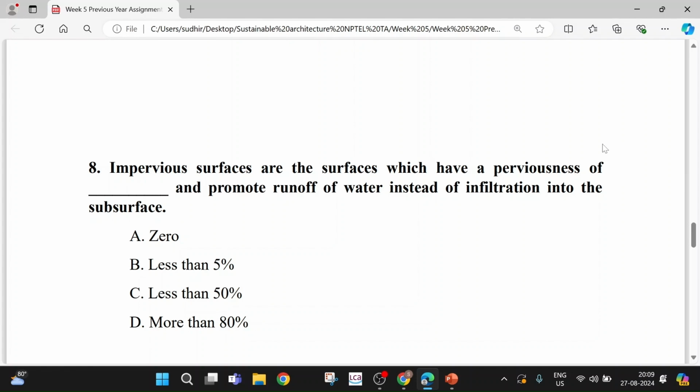So what will be the correct answer, the most appropriate answer for this question based on the four options? Try to recall the data of the impervious surfaces and give your answers.